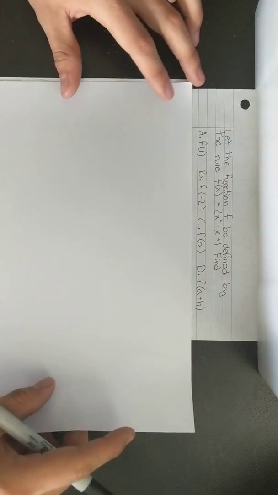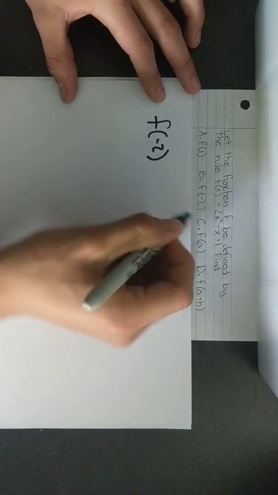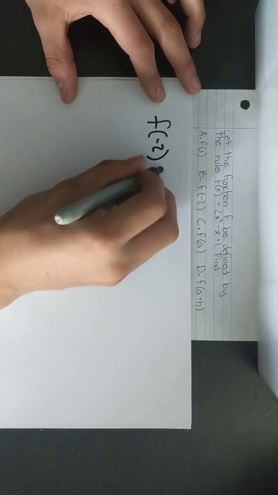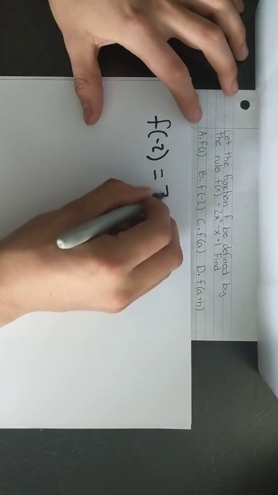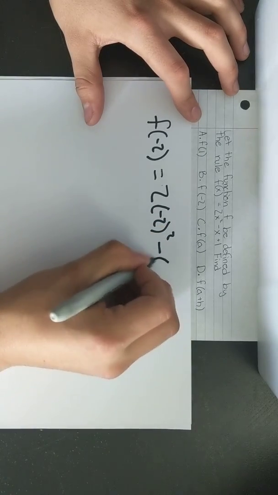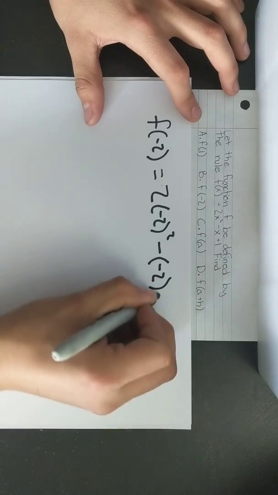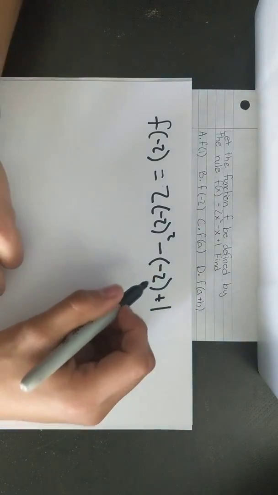Alright, so what if we have a negative? What would we do then? Well, we would basically do the same thing. So f of negative 2, we would just plug that in for x. Since all x's are equal, we put it in for all x's. Equals 2 times negative 2 squared minus negative 2 plus 1. I fell victim to this.